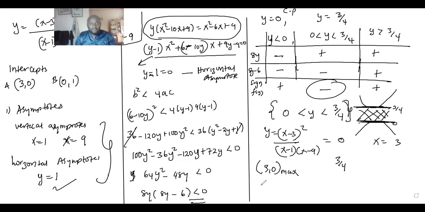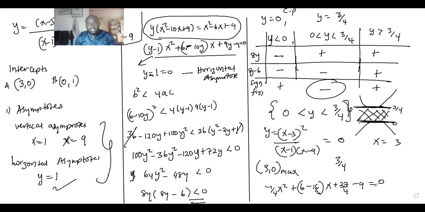So you will have what? 3 over 4 minus 1, you get a negative a quarter, x squared plus 6 minus 15 over 2 x plus 9 minus 9y, minus 9, you get 27 over 4 minus 9.